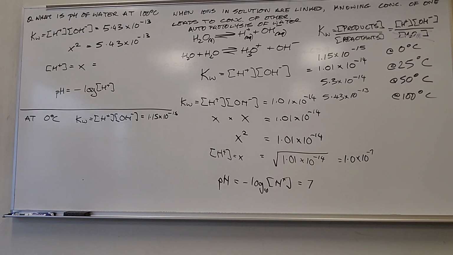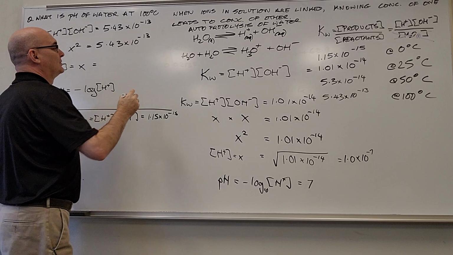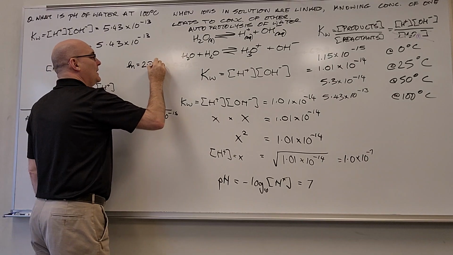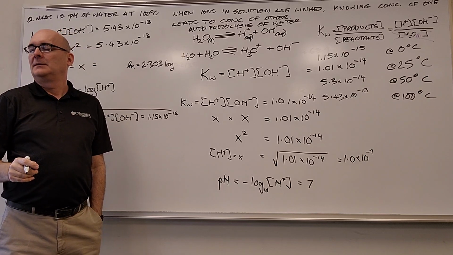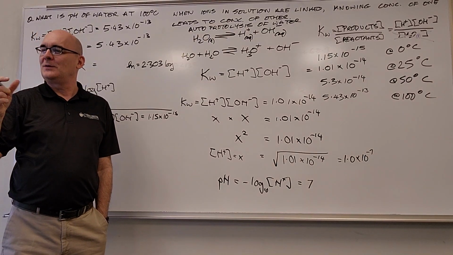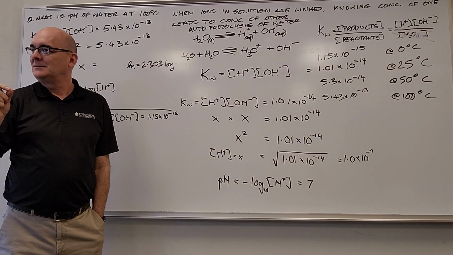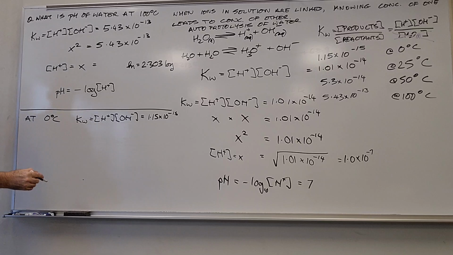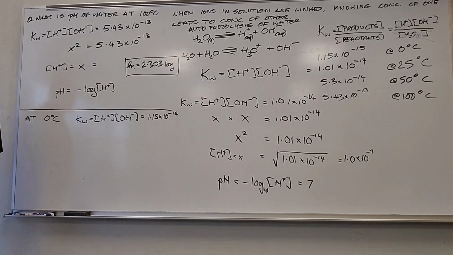He has a TI 89. The natural log is 2.303 times the log, or is that the other way around? The conversion factor between the two is 2.303. I think that's right. Yes, because I divided by 2.3. Yeah, it is right. We can only find the natural log button on his calculator. His actual log is somewhere in a menu.